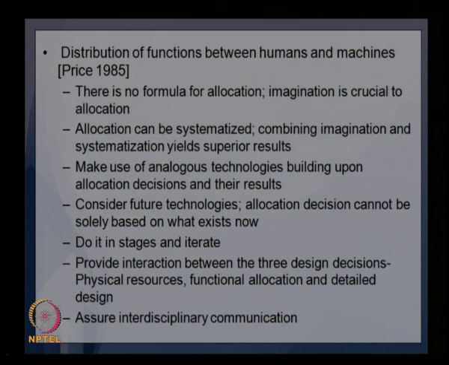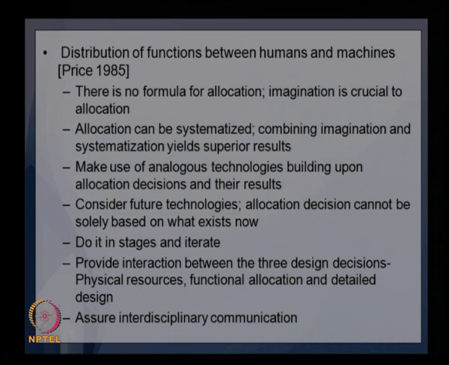We can have a systematic way of doing it, looking at the requirements, the functional capabilities of the machine, and the risks involved in different tasks. But if you combine the systematic allotment with creativity or imagination, you can actually get superior results in the allocation of functions.